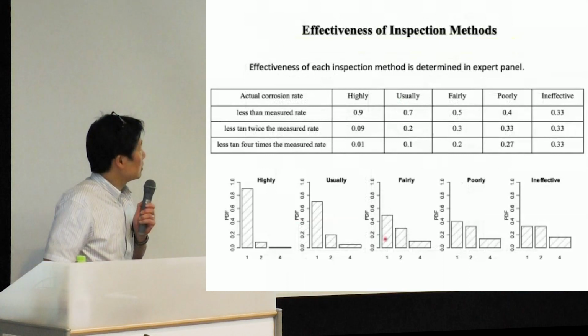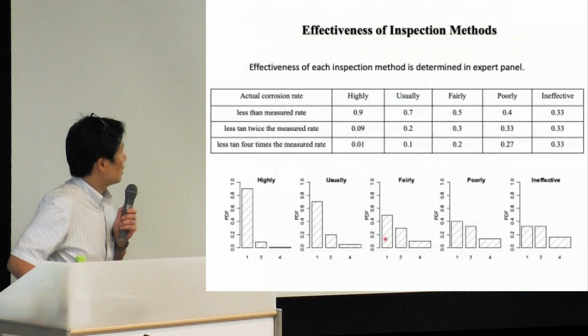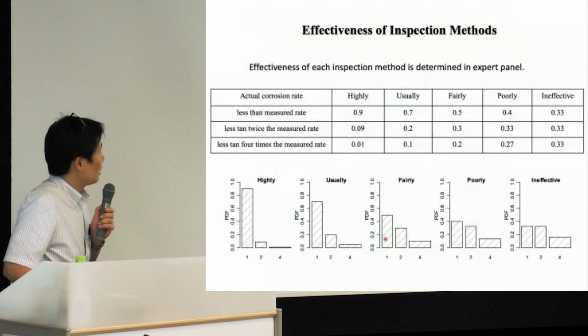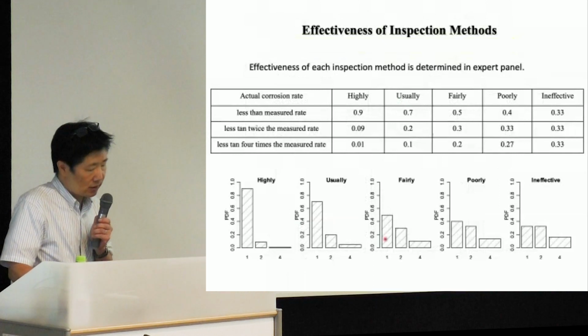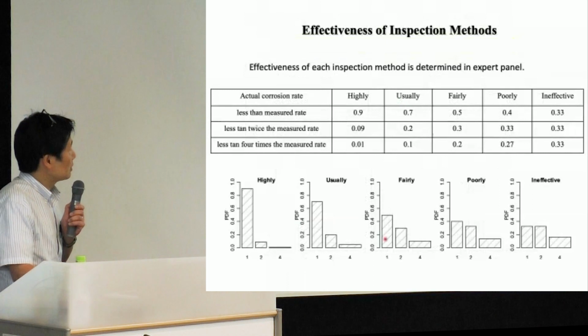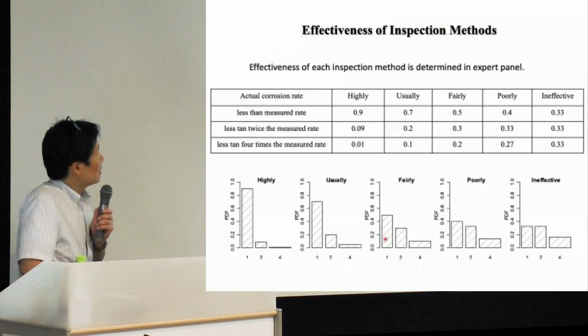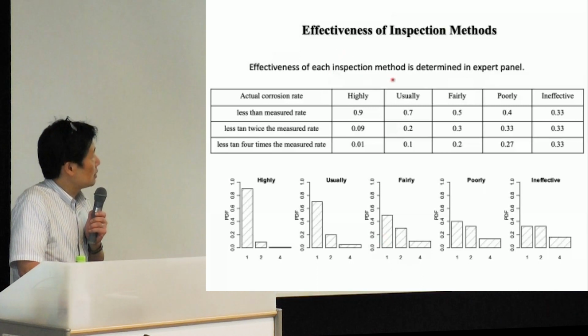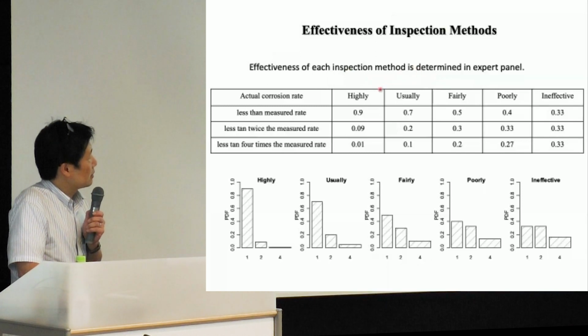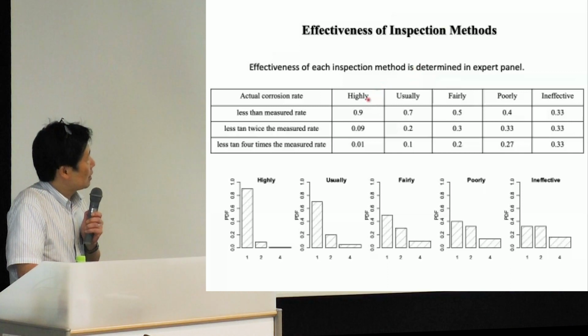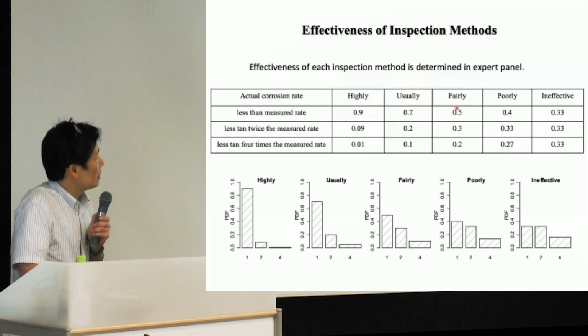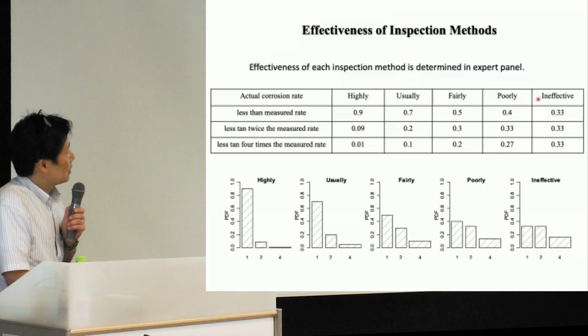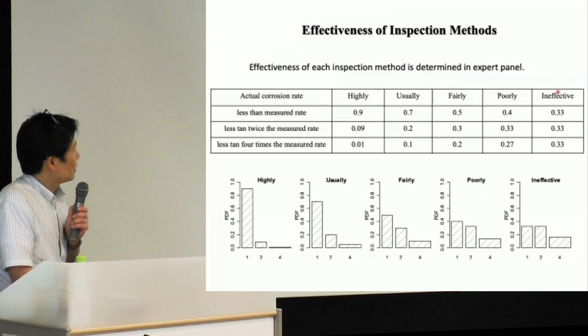Then, how to define the effectiveness of the inspection method? In the standard 581, the effectiveness of each inspection method is categorized into 5 categories: highly, usually, fairly, poorly, and ineffective.